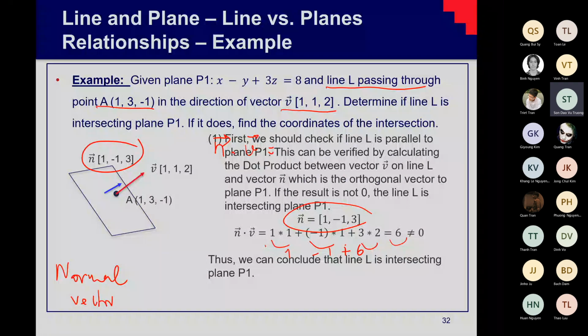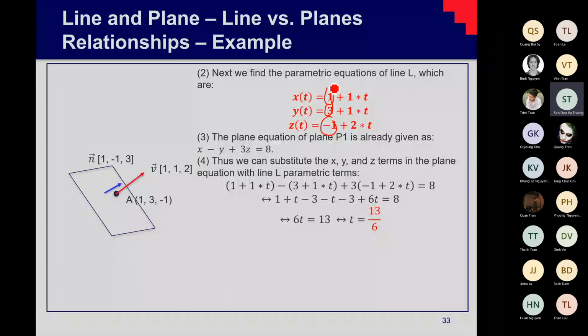This is the point A, and this is the vector. So we have x(t) equals 1 plus 1 times t, y(t) equals 3 plus 1 times t, and z(t) equals -1 plus 2 times t.